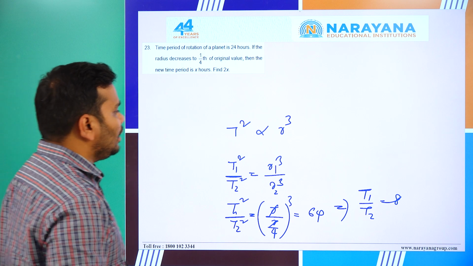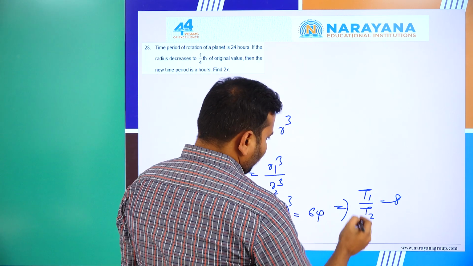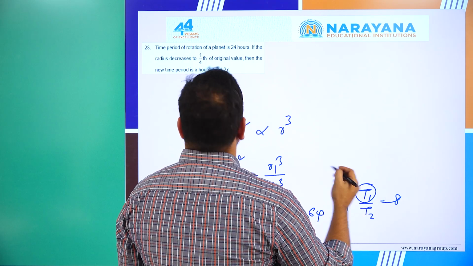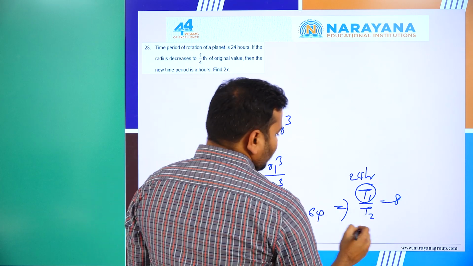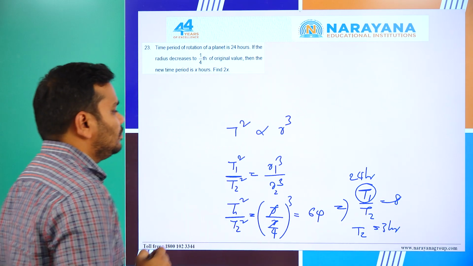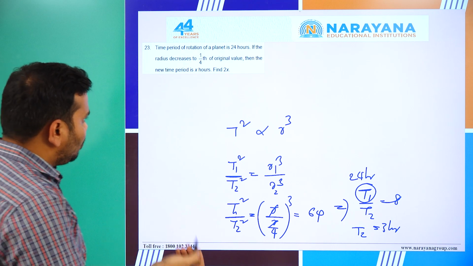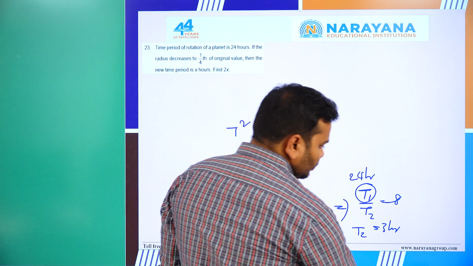Now the T1 value is 24 hours, and the T2 value you will get as 3 hours, right. But they are asking to find 2x, so that will be 6.